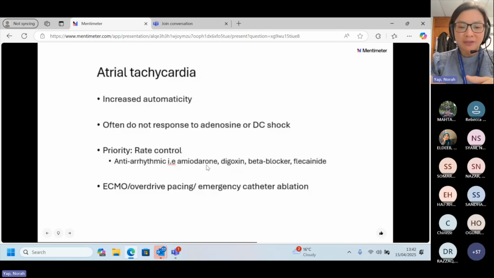You cannot overdrive pace when the heart rate is 200 or above beats per minute, because you won't have adequate cardiac output. Very rarely, in an extremely difficult case of atrial tachycardia, we may have to take the child to the cath lab and do an emergency ablation, but this is extremely rare, and the child has to be a good size as well, so it's not a very easy decision to take.